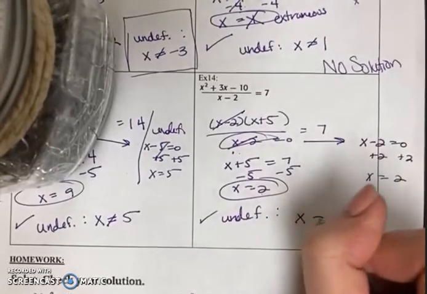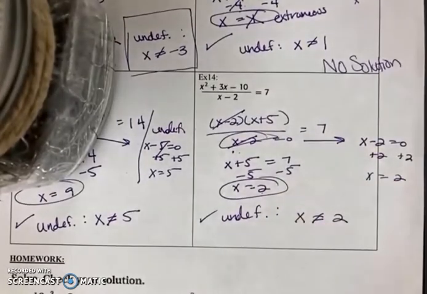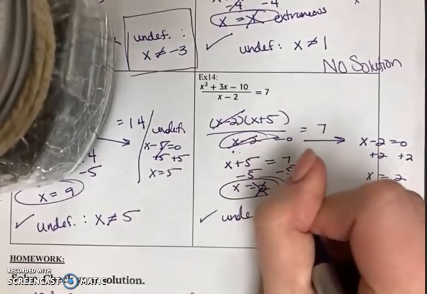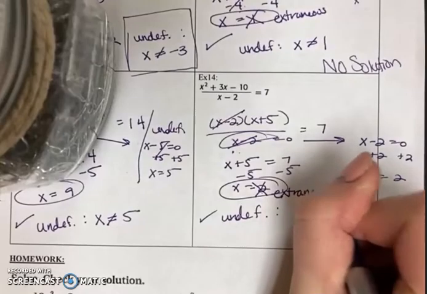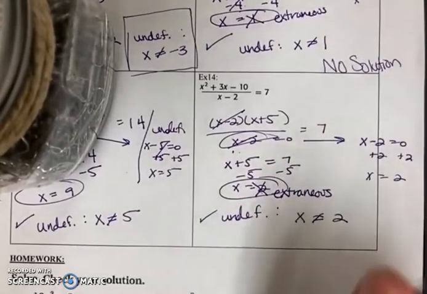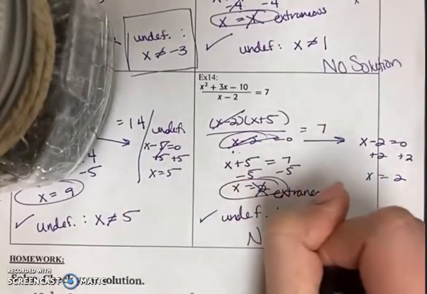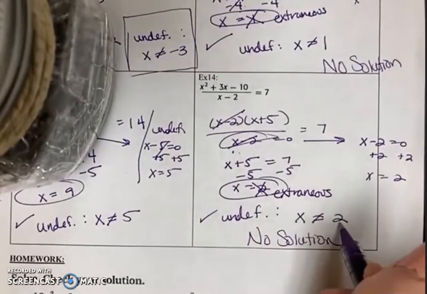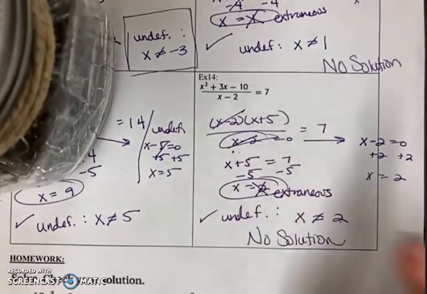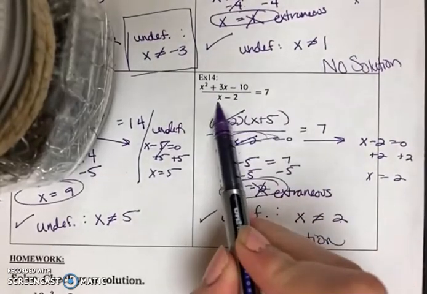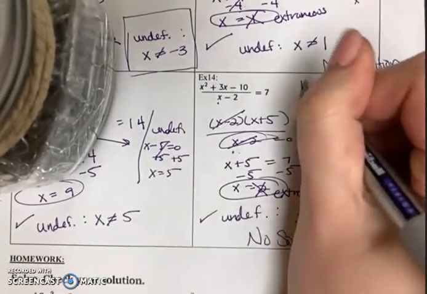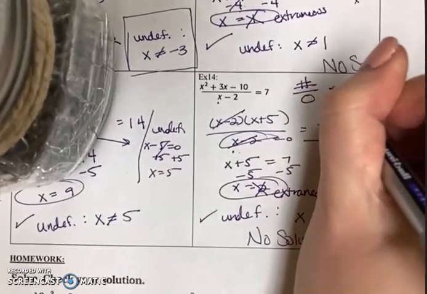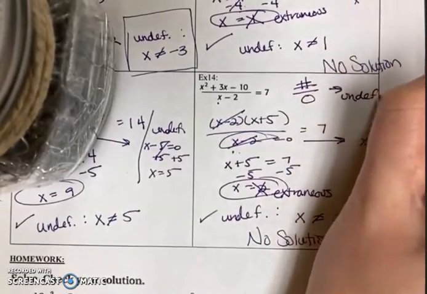So x cannot equal 2, which just so happens to be the solution we found. So that means this is really extraneous. It's a false solution. And because we ruled out our only solution, there's no solution. Or like I said, had you plugged the 2 back in, you would end up with something over 2 minus 2, or some number over 0, which we know is undefined, so that doesn't work.